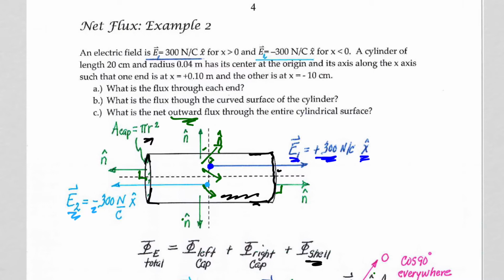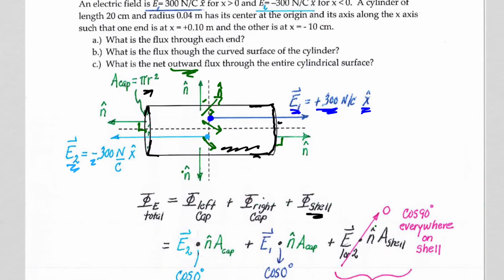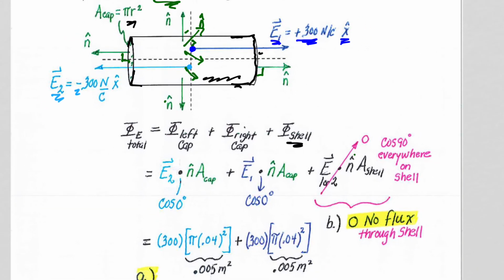So let's take a look at our flux calculation for each of these E dot n hat A's. So I have them drawn out explicitly here. So for our left cap, we have E2 dot n hat A, where the A is only the area of that left cap. Okay?